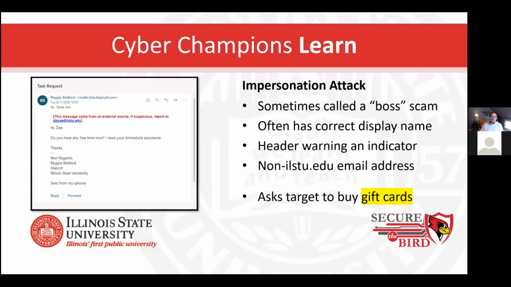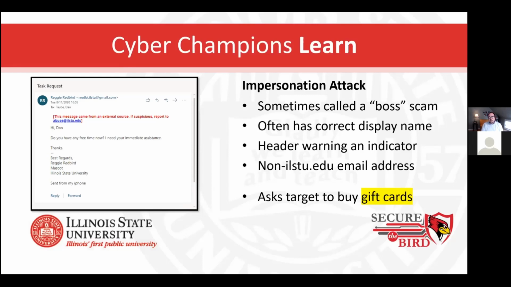So you might, depending on what email client you're using, whether it's on your computer, phone, or web, you will have to find out how can you see the actual email address. In this case, this scheme in particular, we've seen a lot where the username will exist in it, and then some form of ISU reference. So ILSTU here, sometimes they'll say Illinois State, other times they'll say illinoisstate.edu in that full message.